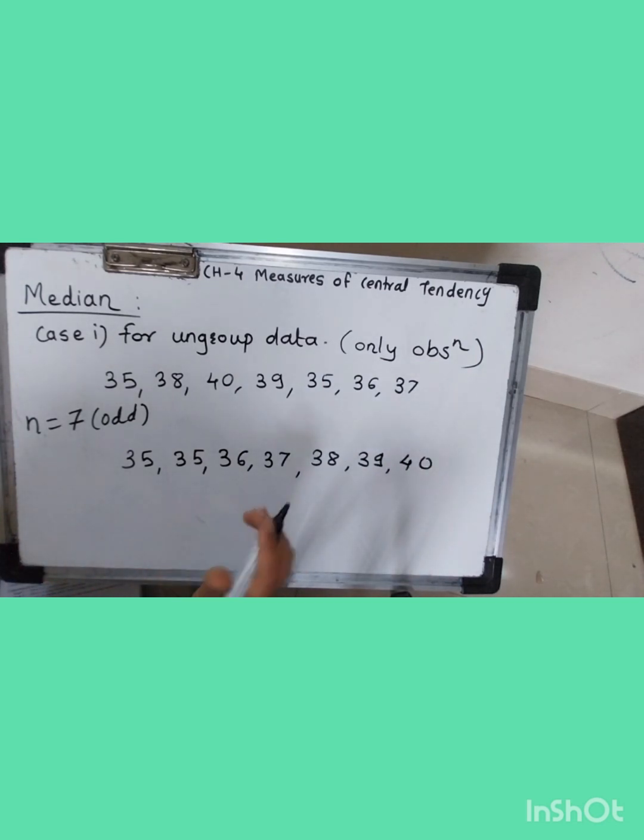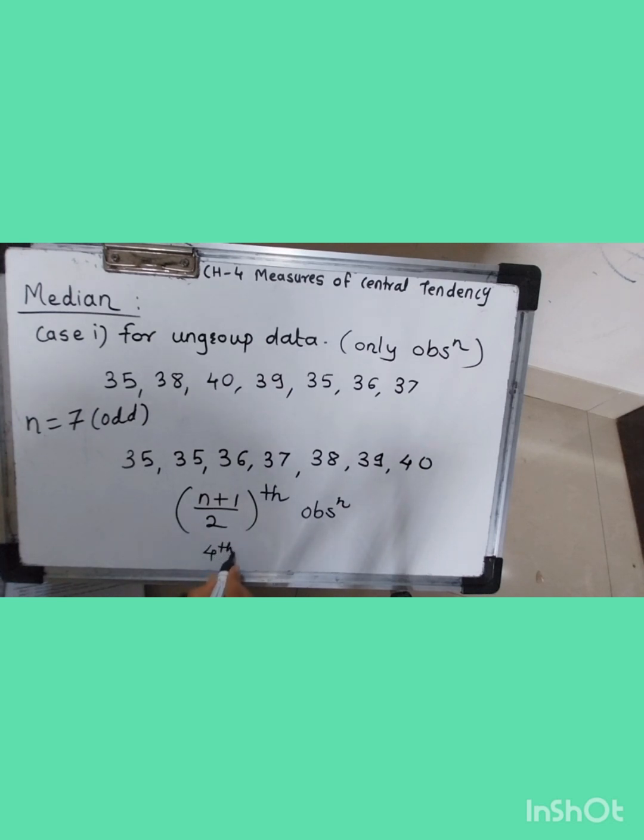If n is odd, then the (n plus 1) divided by 2th observation is the median. Here n is 7. 7 plus 1 divided by 2 means 8 by 2, which means the 4th observation.